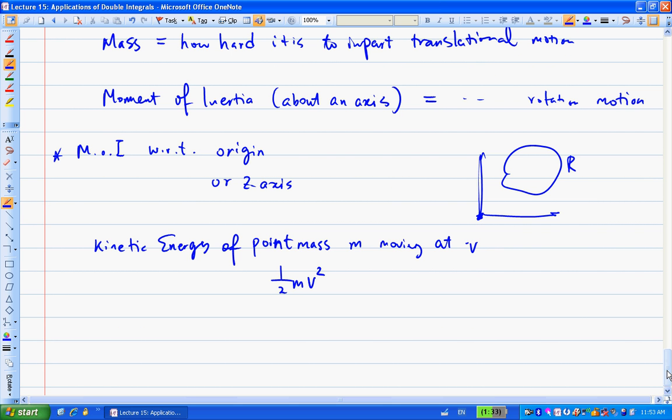Now suppose that the v is doing this. Suppose that this is m right here, and this is v here. Actually, the m here is doing a certain kind of rotational motion, rotating about this axis here, at that particular instant.